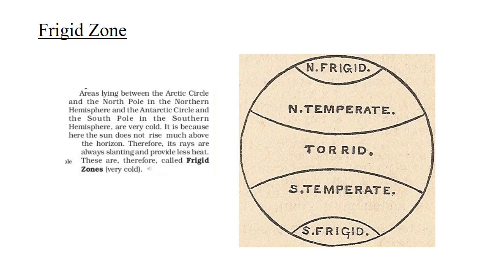These areas receive the least amount of sun rays. So it is very clearly shown that the torrid zone receives the maximum heat, north temperate and south temperate receive moderate heat, and the north frigid and the south frigid, which lie near the poles, receive the least amount of sun rays.